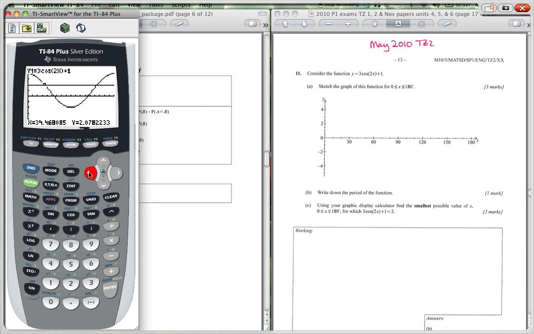Y is equal to 2.07, x is equal to 34.46. Now we can see that it would probably be a little bit further, so 34.5 would probably be a good value for that. So that's that intersection point, 34.5. That is when this equation over here will be satisfied.